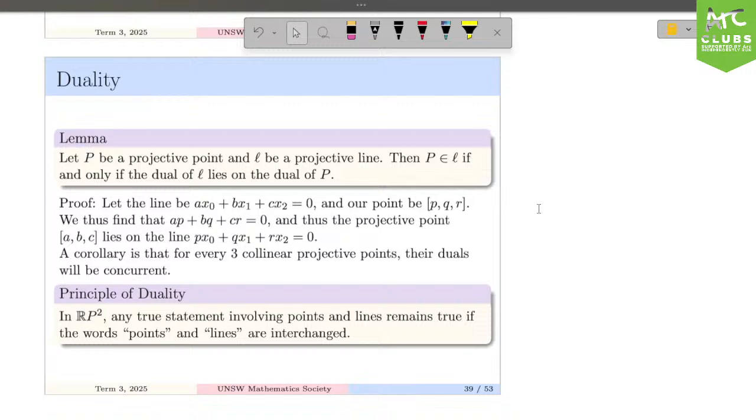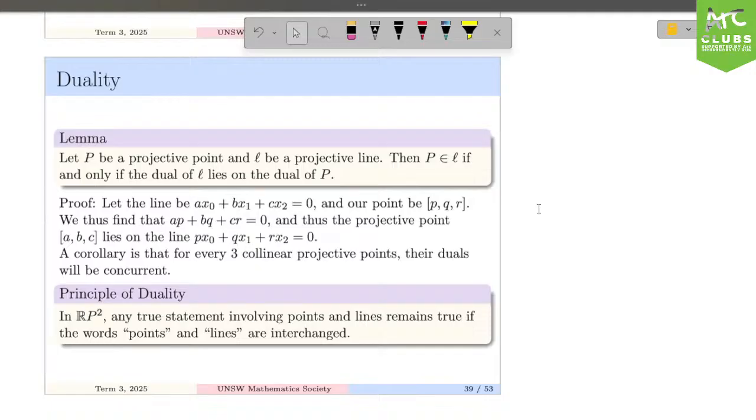It's kind of messy defining the principle of duality in this way, because we can have a true statement about 3 points being collinear, for instance. So if we have A, B, C are all on L, if we take this definition as is, the dual of this statement is that the lines A prime, B prime, and C prime are collinear, which doesn't really make sense.